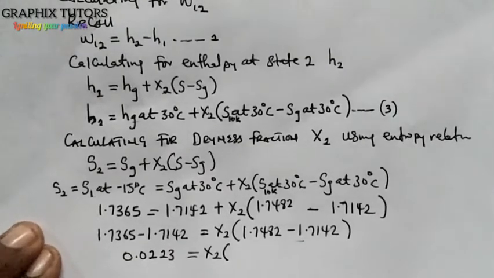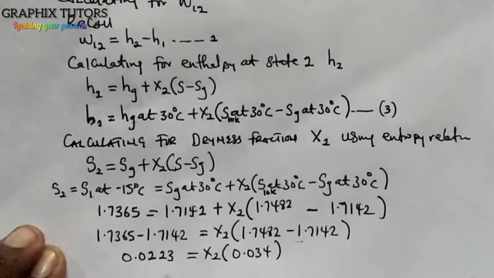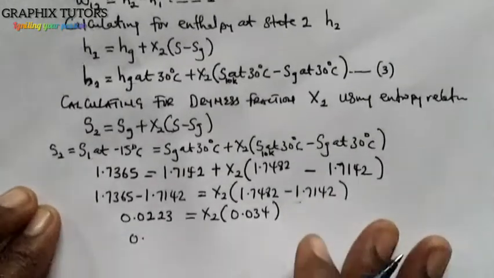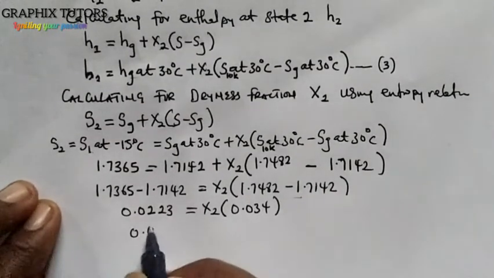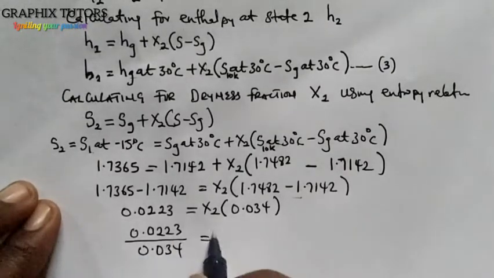So if you press that, you'll be having 0.034. So if you divide both sides, 0.0223 divided by 0.034 will give me my S2.